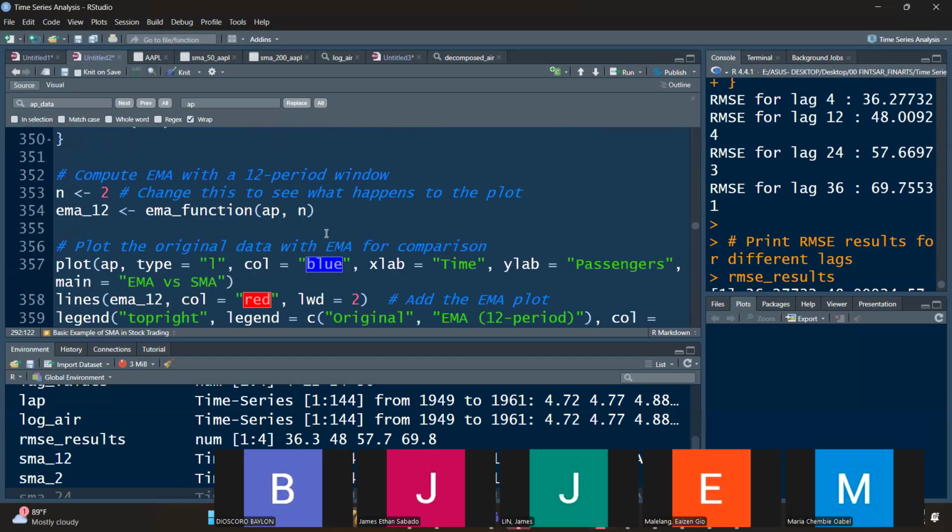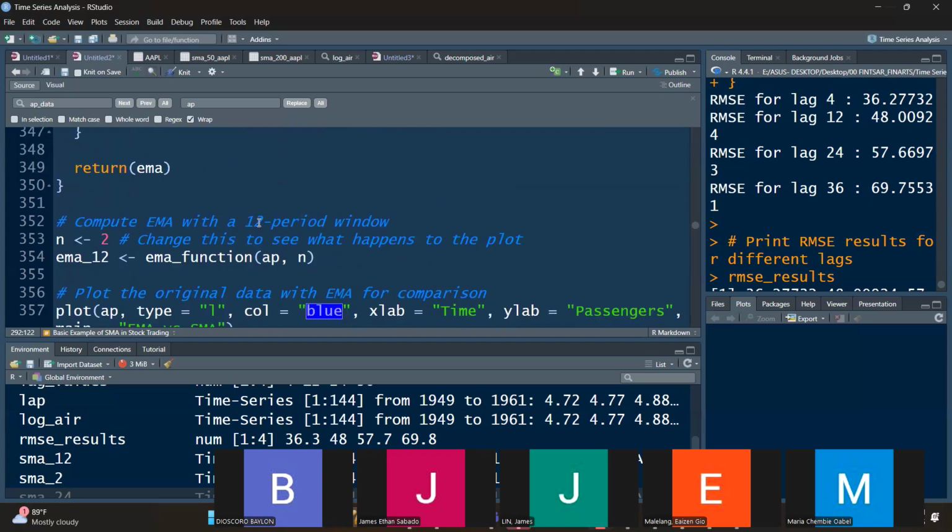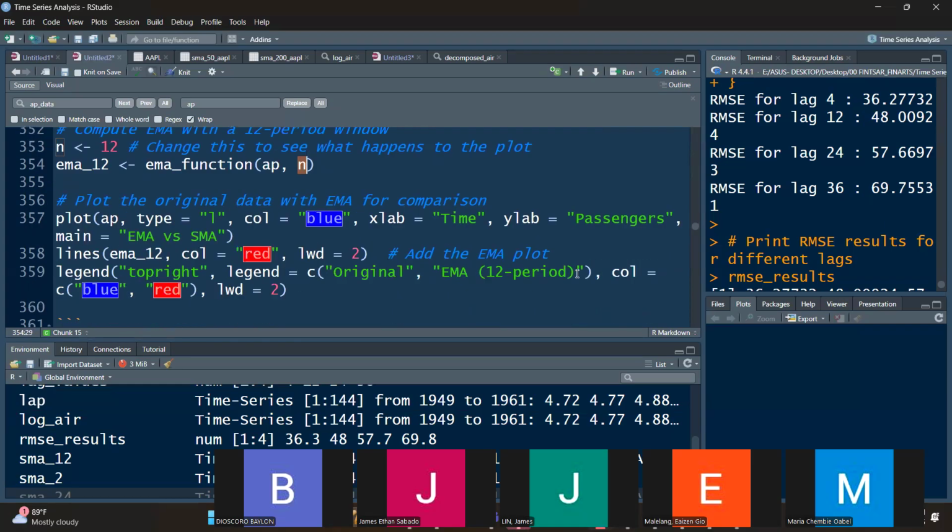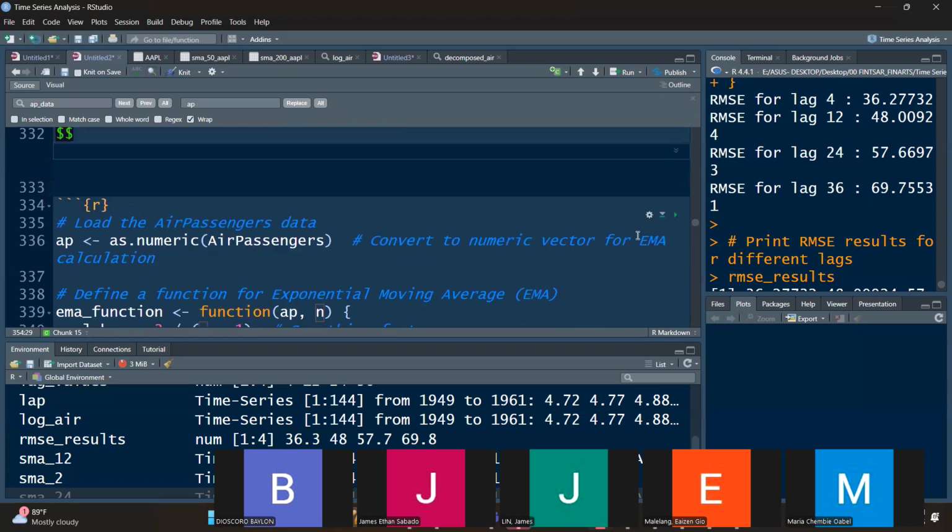And then we create several EMAs. So here, this should be 12, class. Initially we had 12, but you can change this because here N will be dependent on this one. Okay, so let me start with EMA 12.